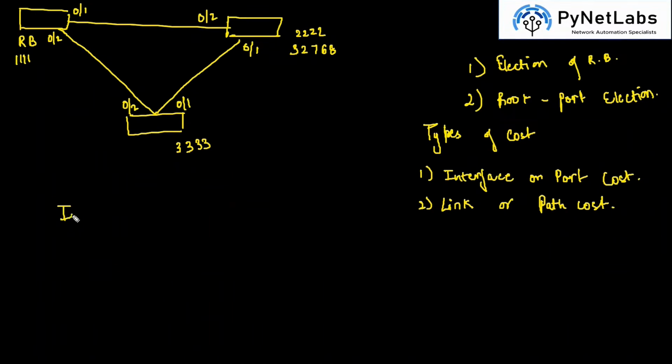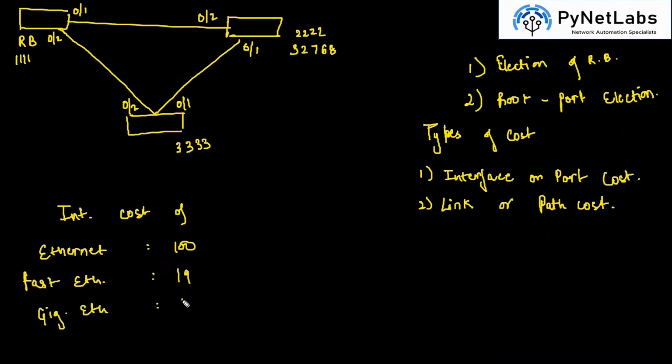The interface cost of Ethernet is 100, then fast Ethernet is 19, then for gigabit Ethernet the cost is 4, then for 10 gigabit it is 2.